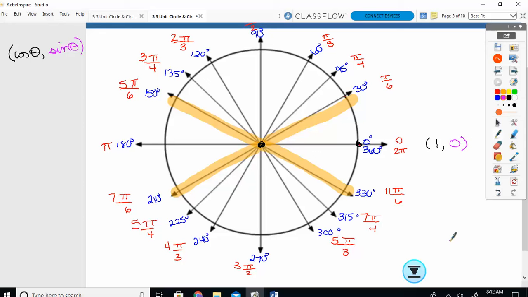Okay, think about your hand trick. When we do 0 degrees, if you fold in your thumb, cosine is the square root of the bottom over 2, radical 4 over 2, which is 1. Sine is the top, radical 0 over 2, which is 0. So that matches my hand trick.